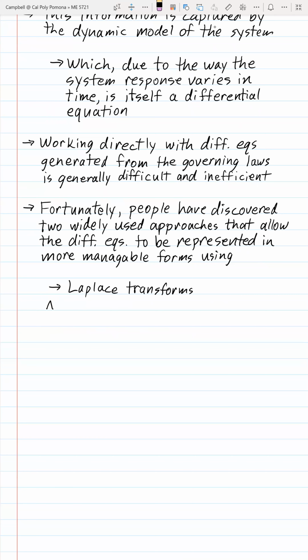That's the one that you hopefully have already been exposed to, and the one that we are going to be focusing on in this class, of course, which is state space methods.